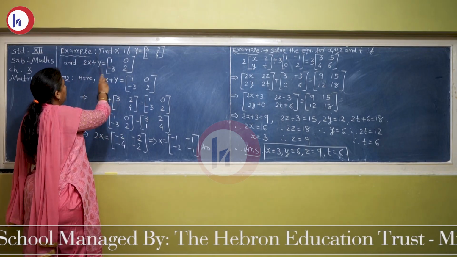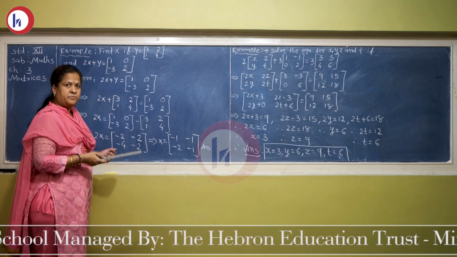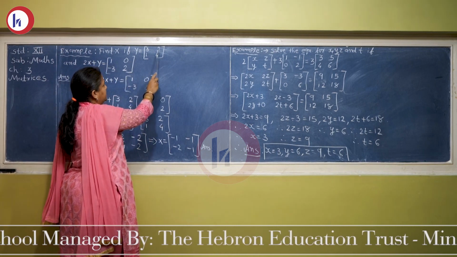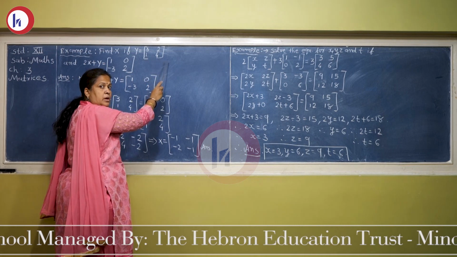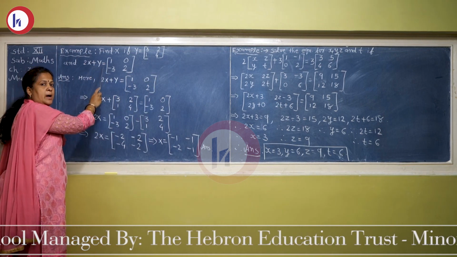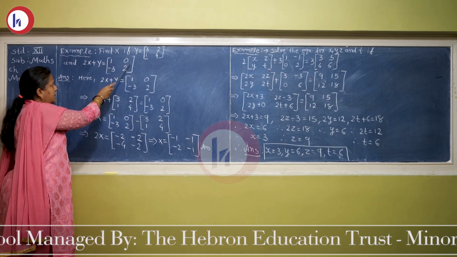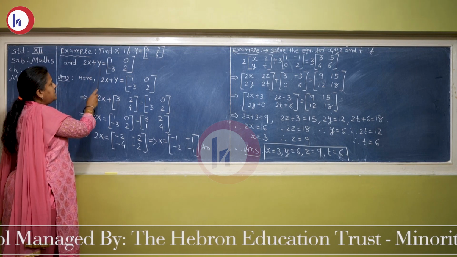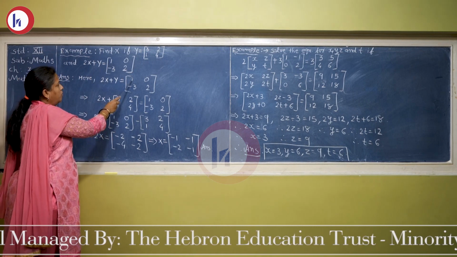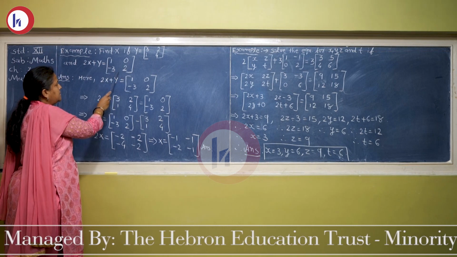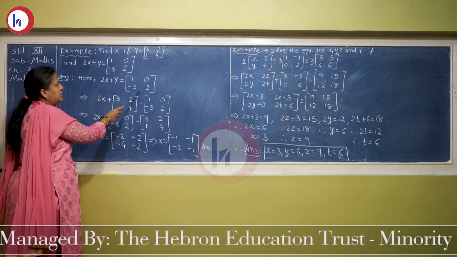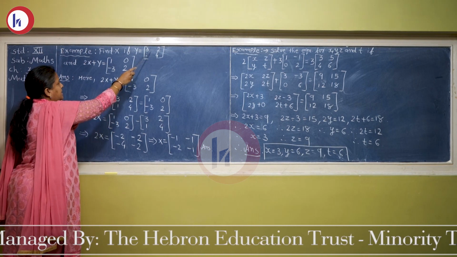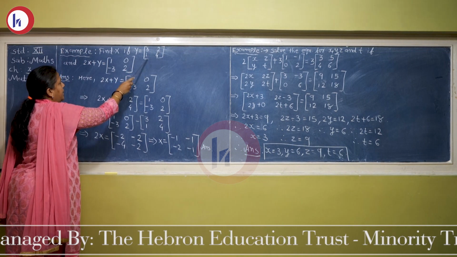Now let us study one example of the addition of the matrix. Find the value of x if y equals [3, 2; 1, 4] and 2x plus y equals [1, 0; minus 3, 2]. In this question, the value of y is also given, that is y equals [3, 2; 1, 4].